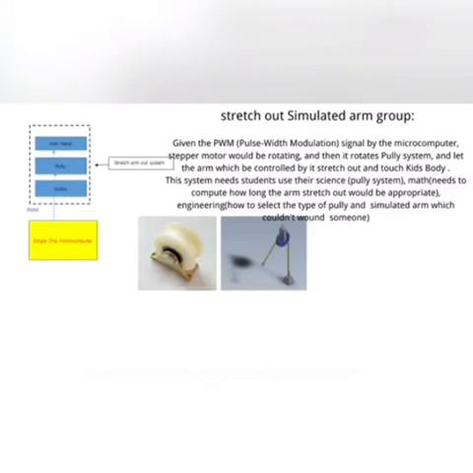This system needs students to use their science. For example, pulley system math, which needs computing how long the arm stretches out and what time would be appropriate. Engineering knowledge is needed on how to select the type of pulley and the simulated arm.